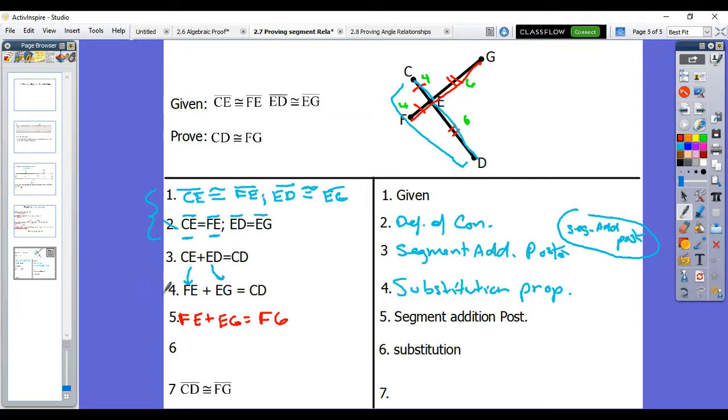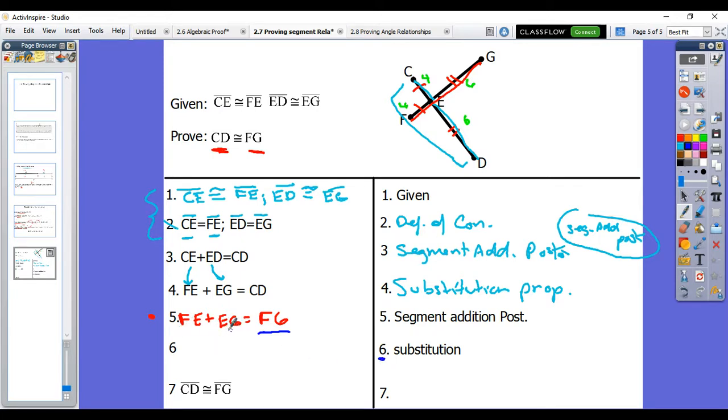So let's look at this information. We know that above, FE plus EG equals CD and FE plus EG equals FG. Our goal is ultimately to say CD on one side and FG on this side. So on number 5, as of right now, we kind of have that going on. On one side, we have FG, and they're telling us we're going to do some sort of substitution.